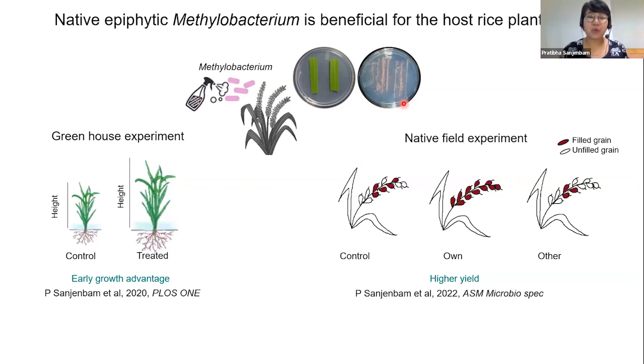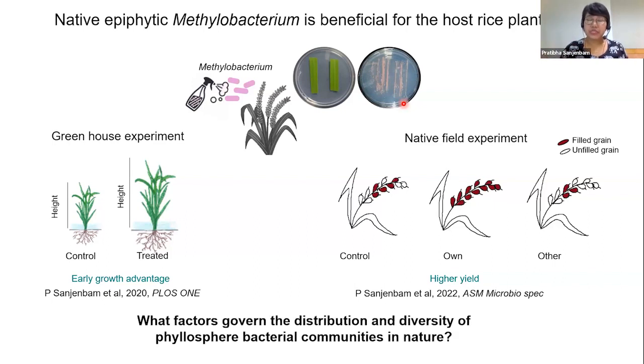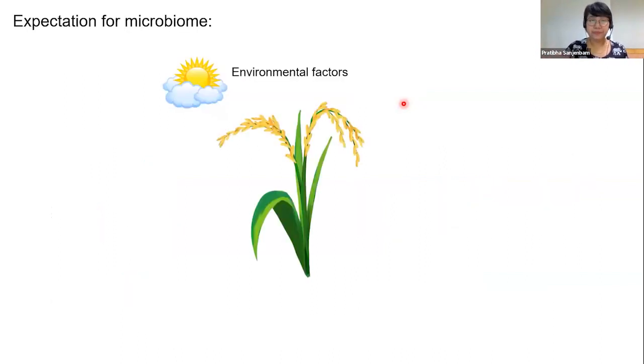However, this impact was not generalizable, suggesting the importance of identifying the host and the evolved partners of the host bacterium pairs in nature. That's why I'm interested in understanding the factors governing the distribution and diversity of phyllosphere communities associated with these landraces, aiming at bacterial communities to begin with.